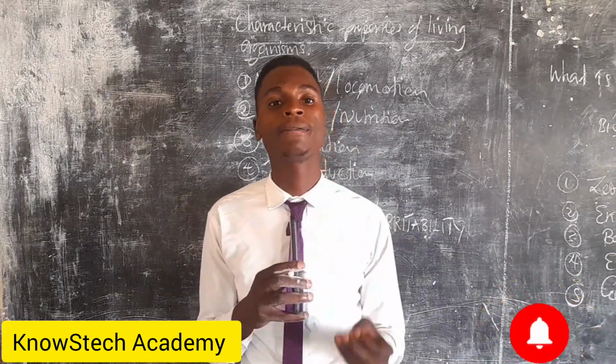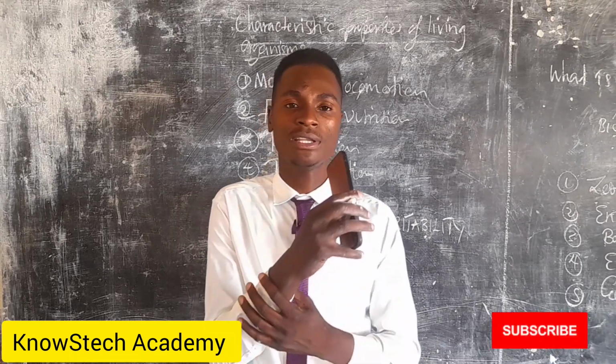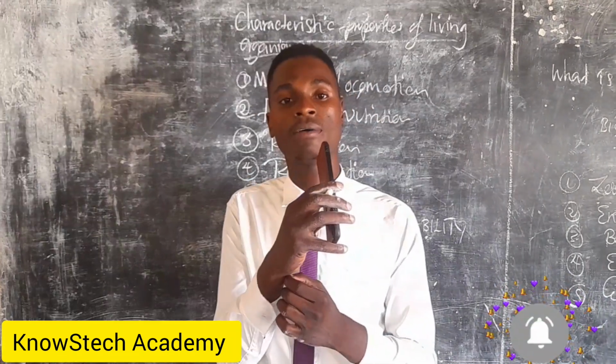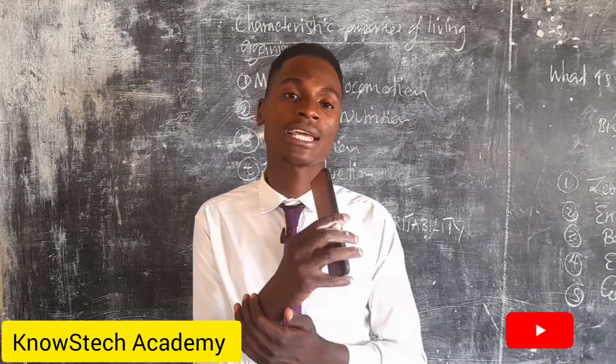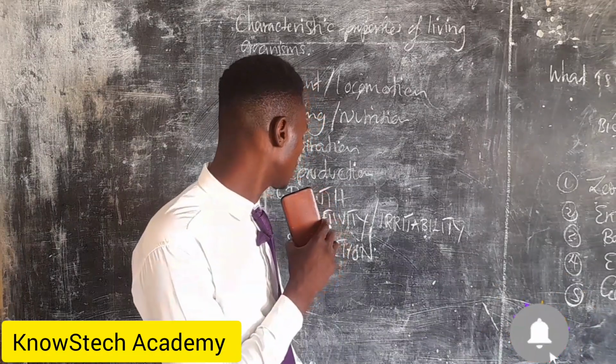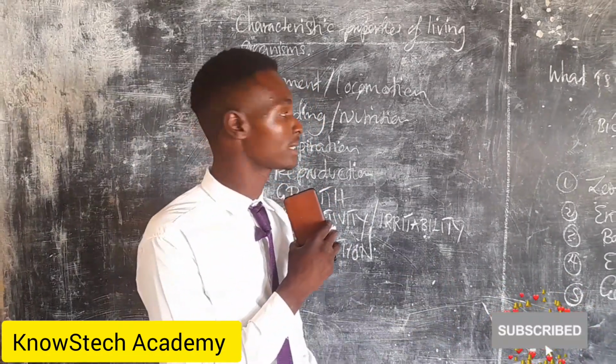The excretory product after that is urine. You have the skin. The skin is an excretory organ for sweat, salt and excess water. We have other products.